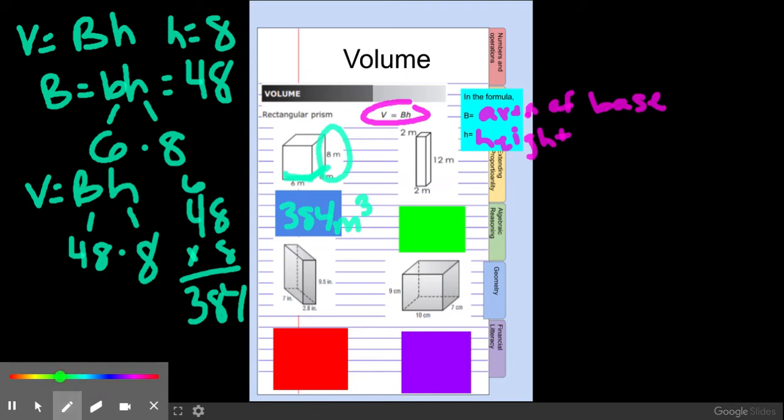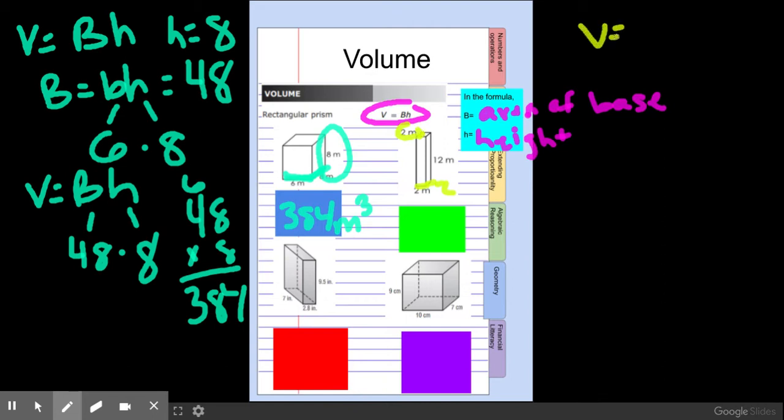Okay. All right, looking at our next one right here. I'm going to say that the bottom is my base again. So we have 2 meters here, and we have 2 meters here. The reason I can say that this one is also 2 is because if you look up here, it's saying that this side is 2. So I'm just bringing that down to the bottom and using that same information.